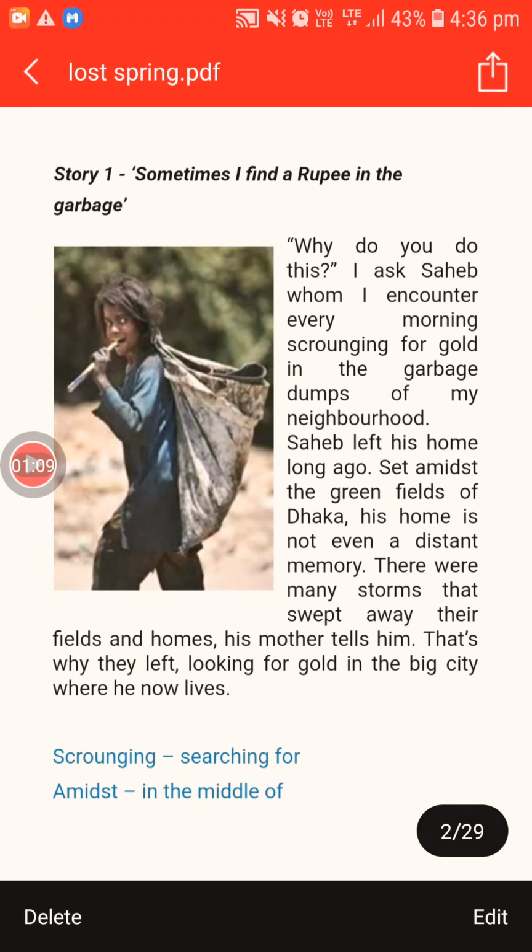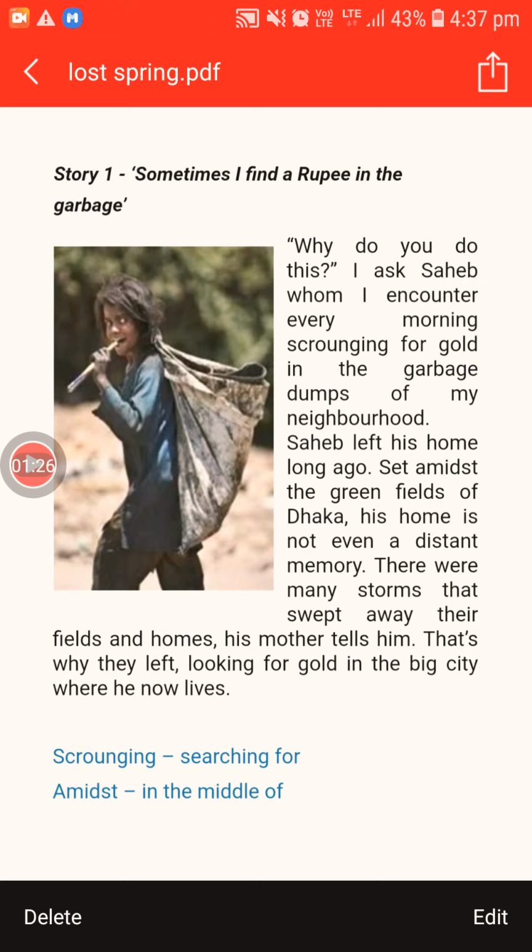So students, as we know, this chapter has been divided into two parts. The first part is all about the little fellow Saheb, who is a rag picker. So the first key point here is the word rag picker, which is very important.